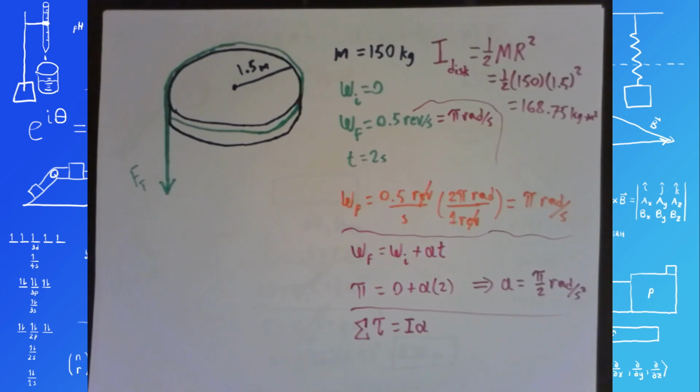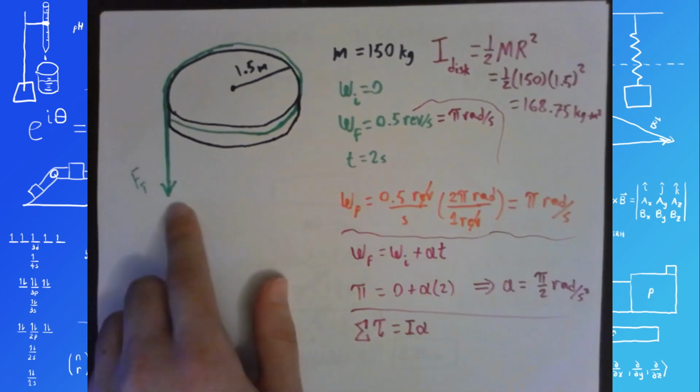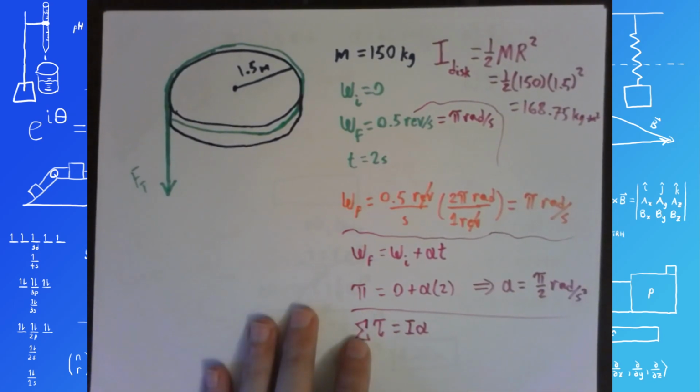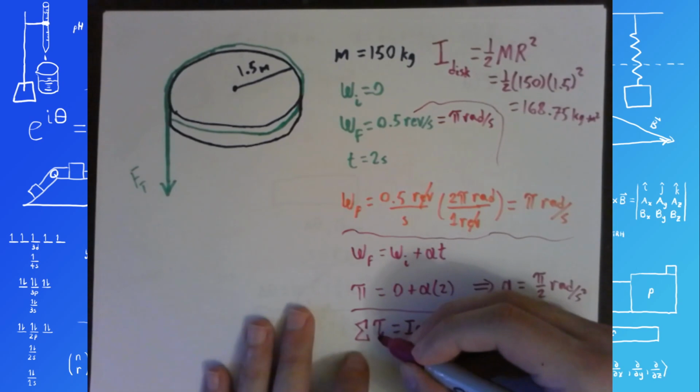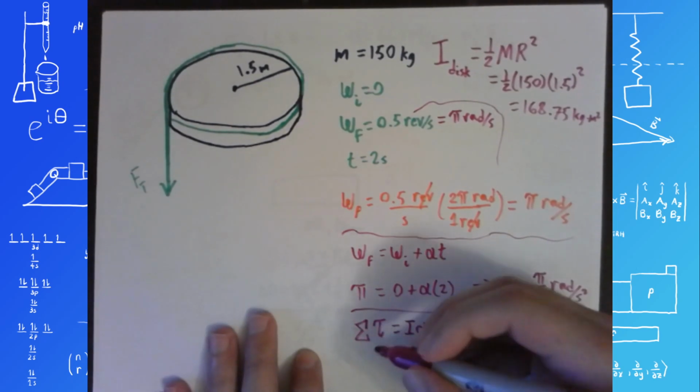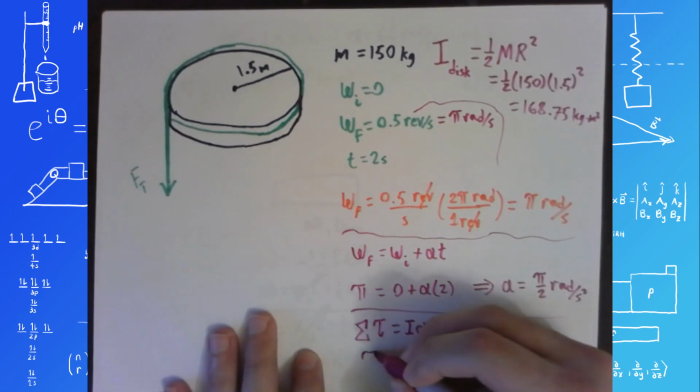They didn't mention anything involving friction with the axle or anything like that. So I'm going to assume that this tension force is the only force creating a torque on this merry-go-round. So then our net torque is our only torque, the torque due to tension.